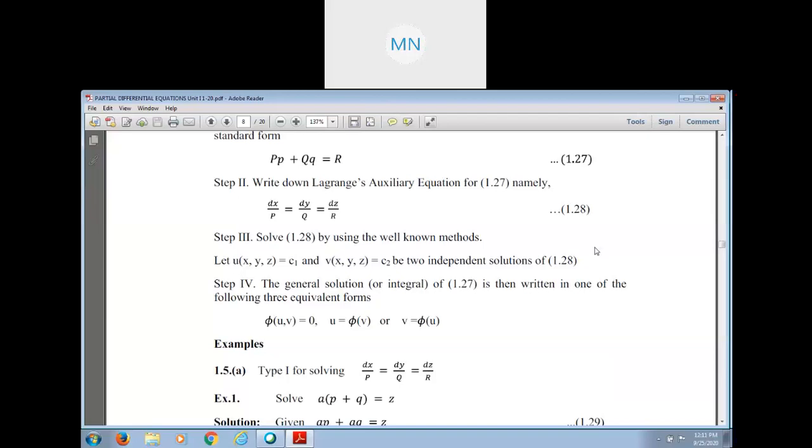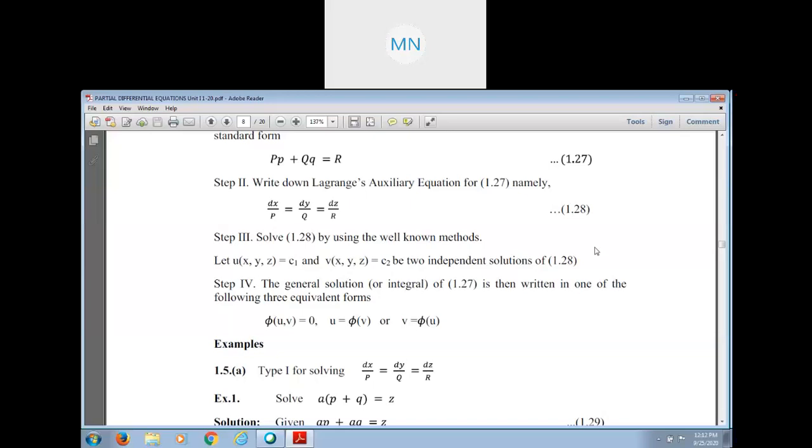Actually, remember this one, the Lagrange method. The Lagrange method is used to solve first order linear partial differential equations. First remember this.